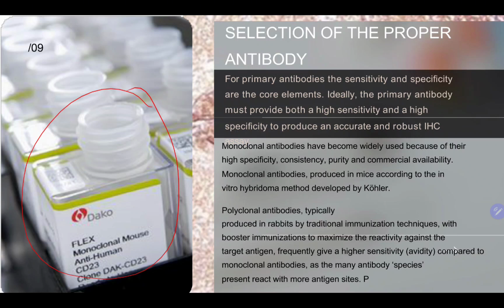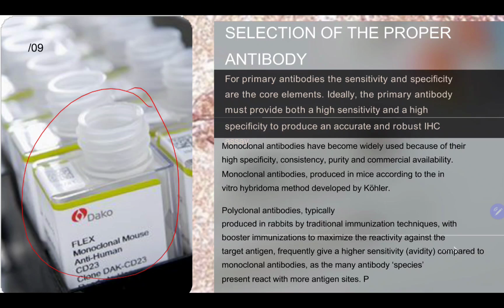For the polyclonal naman, from the word poly, ibig sabihin marami po. So they are produced in rabbits. Kung monoclonal from mice, poly from rabbits po by traditional immunization techniques. So sa traditional immunization techniques po, i-introduce yung antigen sa isang animal, and then the animal will make the antibodies. Okay?